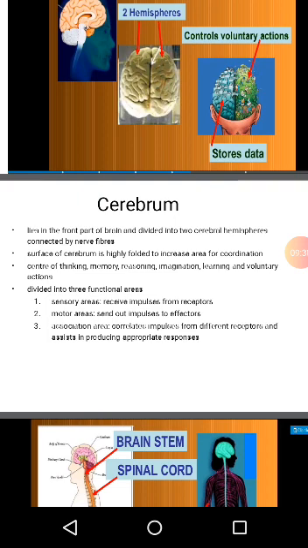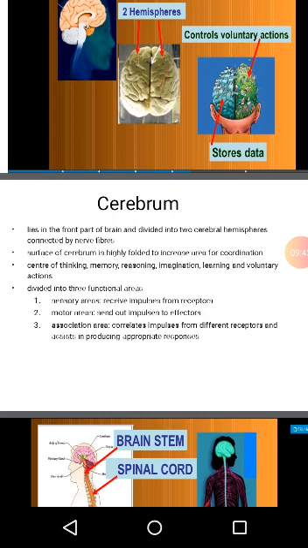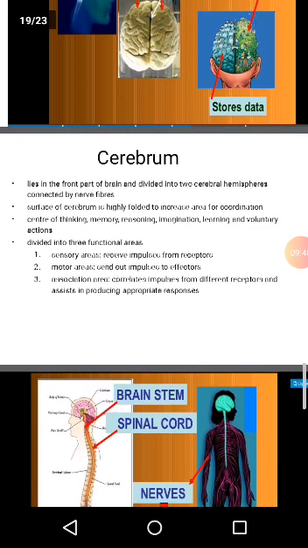The surface of the cerebrum is highly folded to increase the surface area for coordination of thinking, memory, reasoning, imagination, learning and voluntary action. It is divided into 3 functional areas.